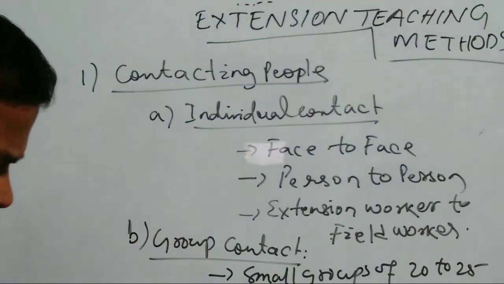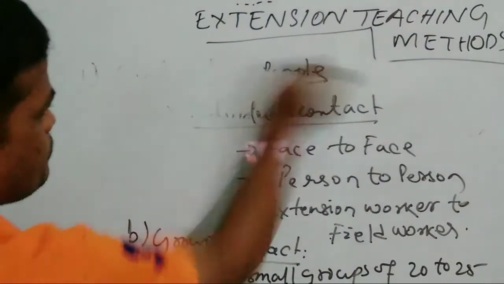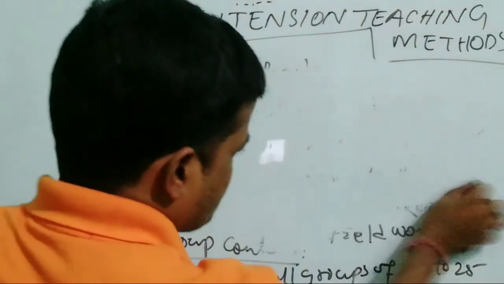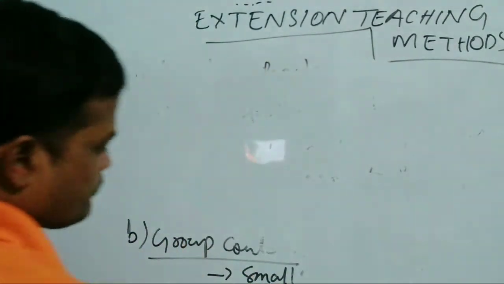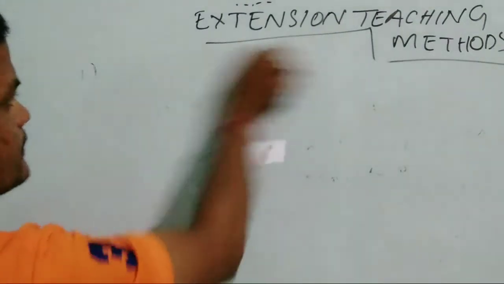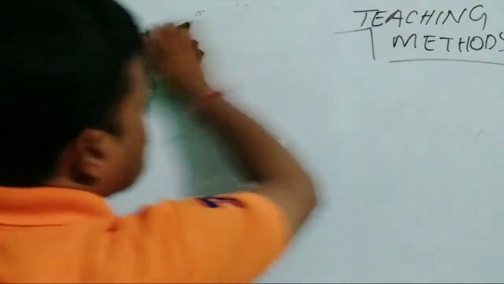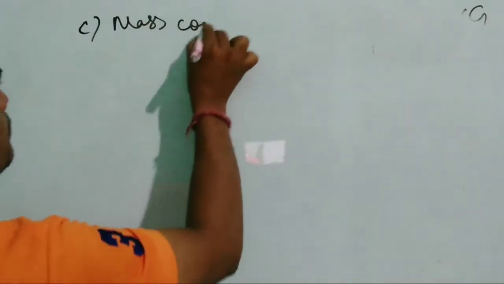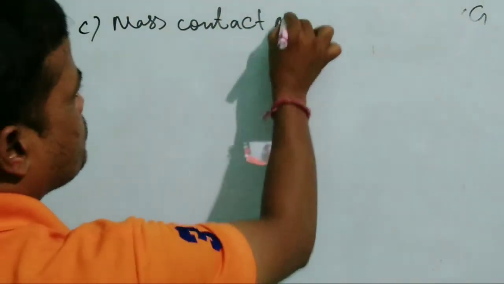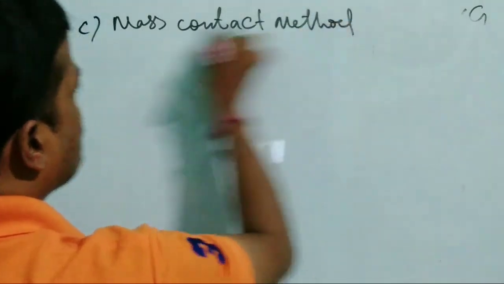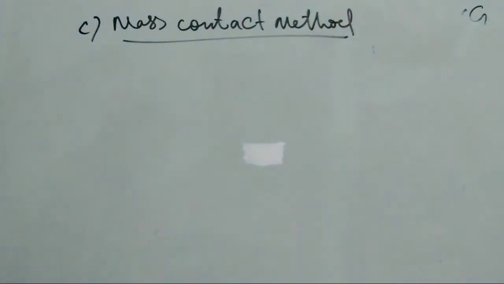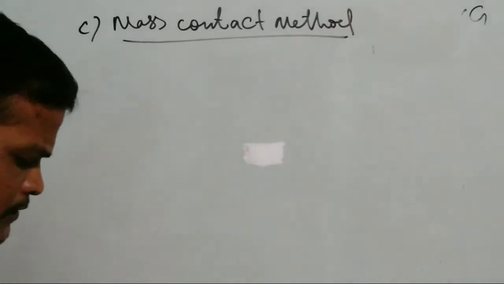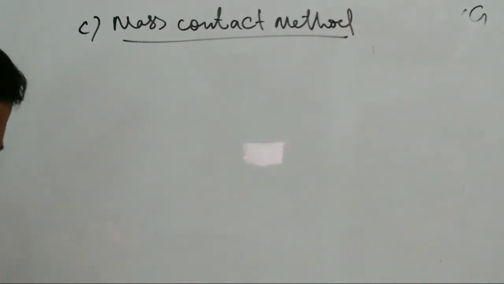Next we come to the mass contact method, number C. In this method, friends, the extension worker approaches a large number of people for dissemination of knowledge.